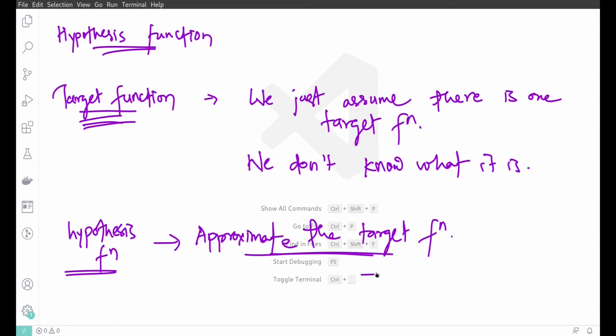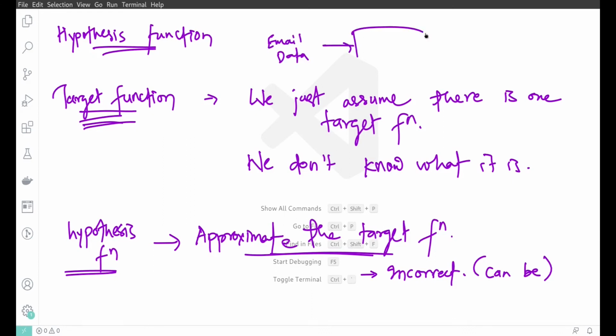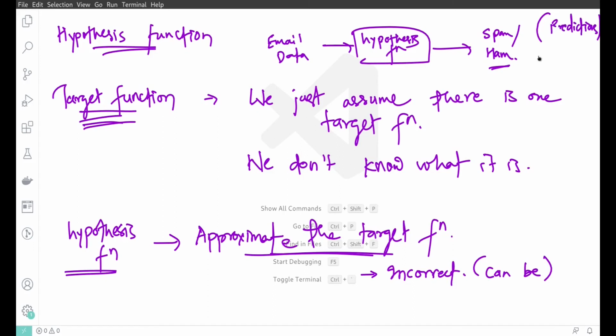This can be incorrect also, but we try to find a function that is as close as possible to the target function. For example, let us say we get email data and we pass it through the hypothesis function. We get spam or ham as output, but these are just predictions and need not be correct. This hypothesis function is also called a model.